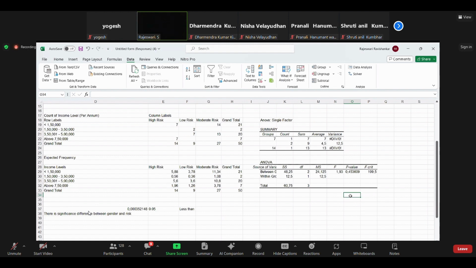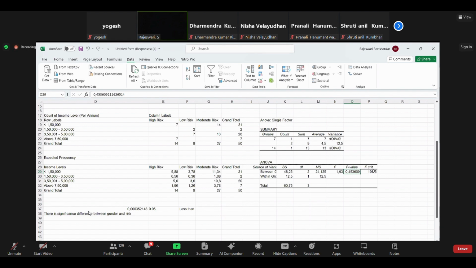But in case of ANOVA, I have to see two things: my F value, the F critical value, and the p-value. Both should coincide, then only I can accept the hypothesis. Here it rejects my alternative hypothesis; it says that there is no difference.